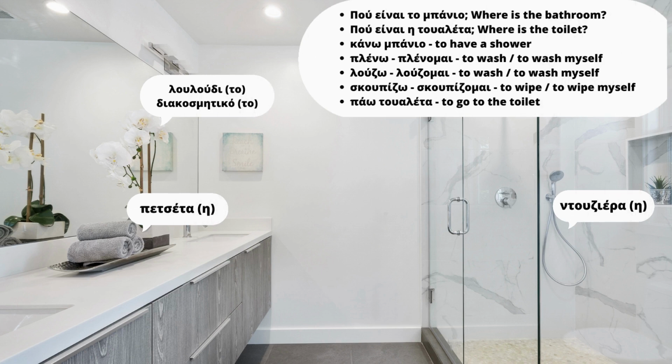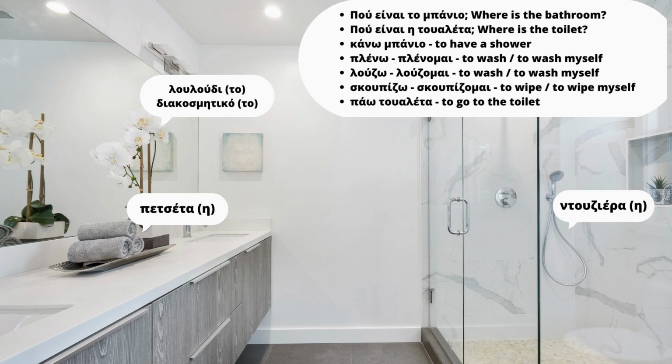The next word is λούζω in active voice and λούζομαι in passive voice, which also means to wash. The first one is to wash and the second one means to wash myself because it's a passive voice. But basically, most of the times we use it when we want to talk about ourselves.